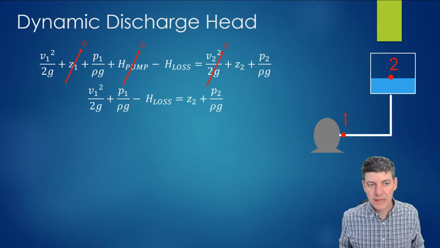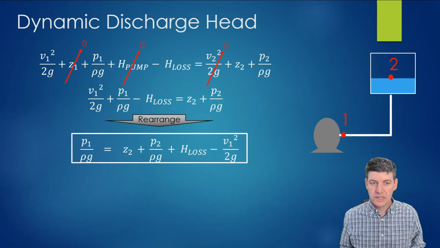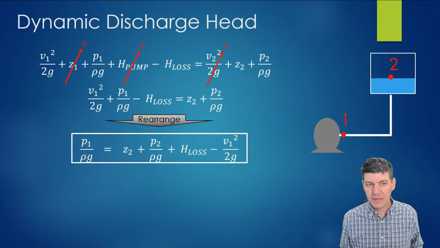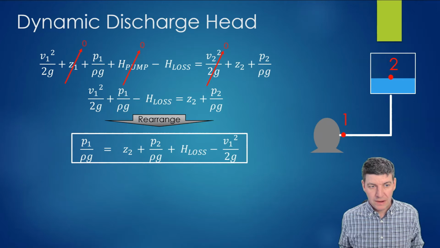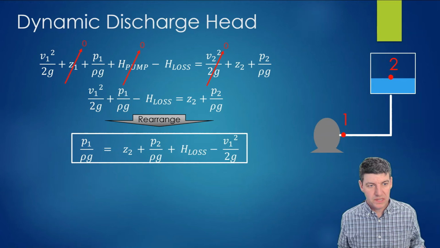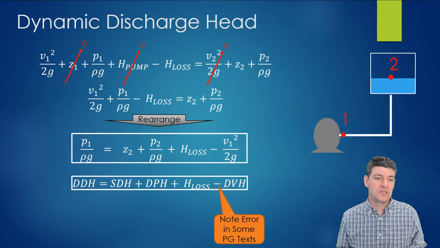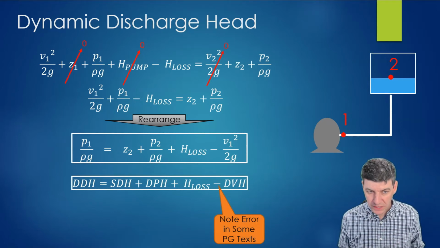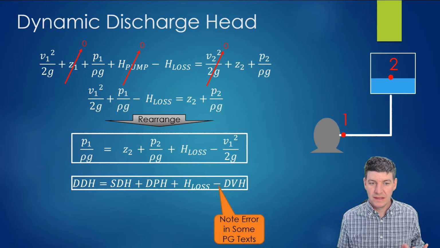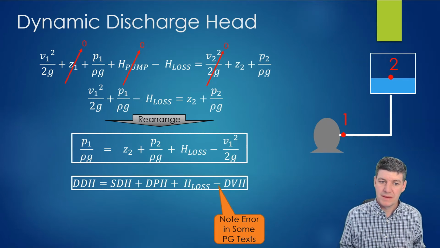I then simplify that a little bit and rearrange, and I get a similar calculation to what I did before with my dynamic suction head. The pressure at 1, which is what I consider to be my dynamic discharge head, so the pressure 1 over rho g, is equal to the static discharge head plus the dynamic pressure head plus the losses minus the dynamic velocity head.